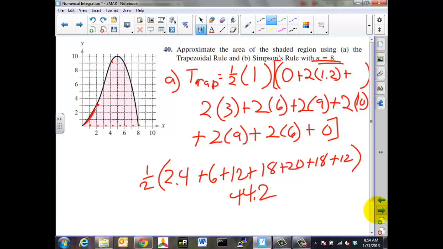Anybody else get that kind of number? Okay, good. That's an approximation of what the area would be.